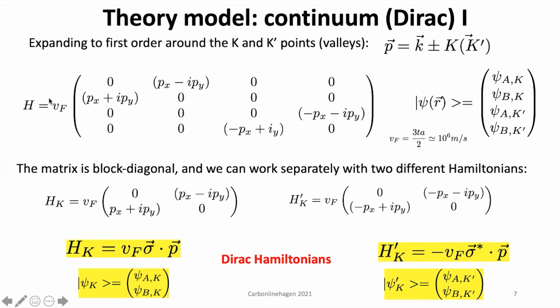Now, in the expansion, my hopping parameter gets replaced by an effective Fermi velocity, which is a measure of the dispersion in these two cones, and that has the value of 10 to the 6 meters per second. Now, each block in this block diagonal matrix can be written separately because they are not mixed, and that's how we introduce the Hamiltonian around K and around K prime that have these expressions.